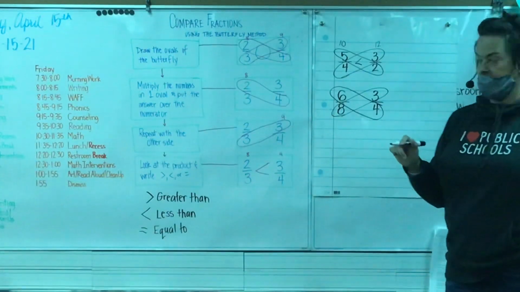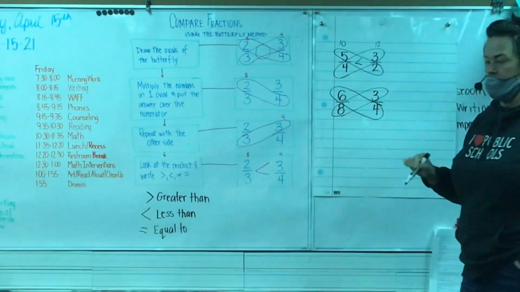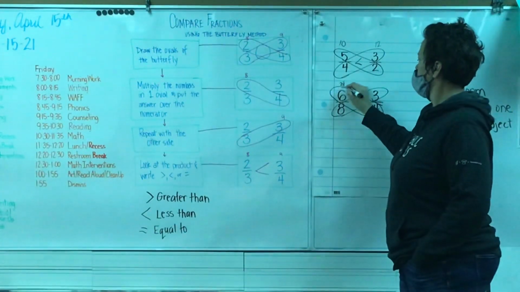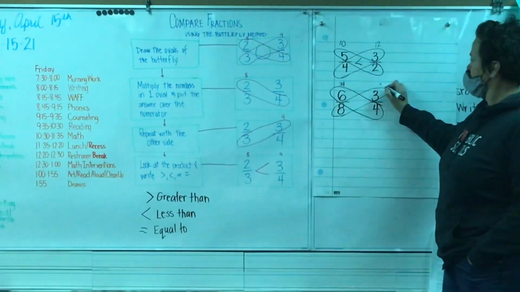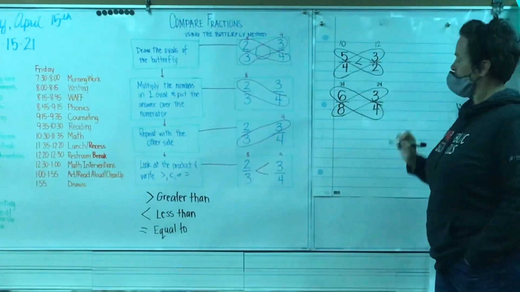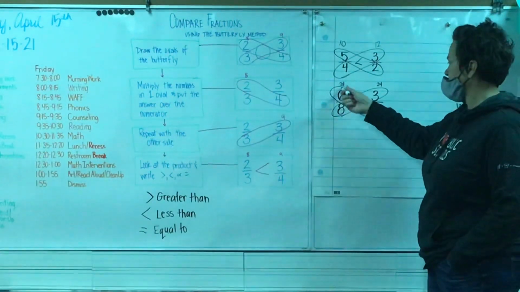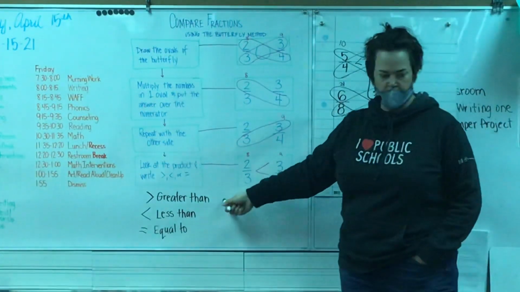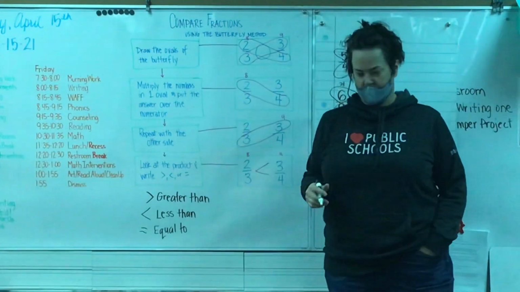Yes. All right. So 6 times 4 is 24, and 8 times 3 is 24. We haven't had one like this yet, have we? So if I have 24 and 24, is 24 greater than 24? No. It must be less than 24?